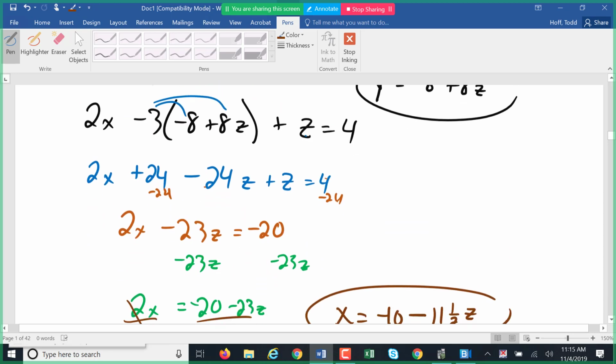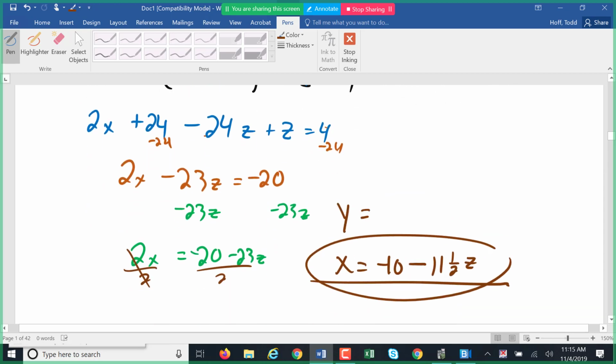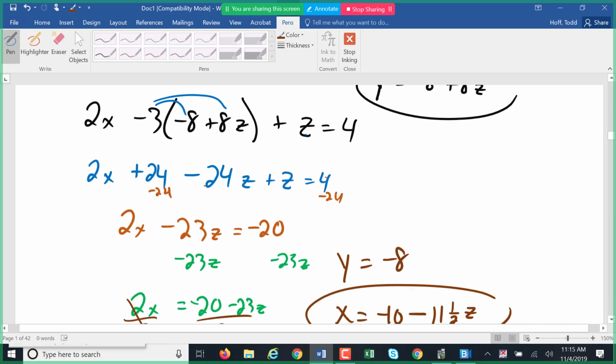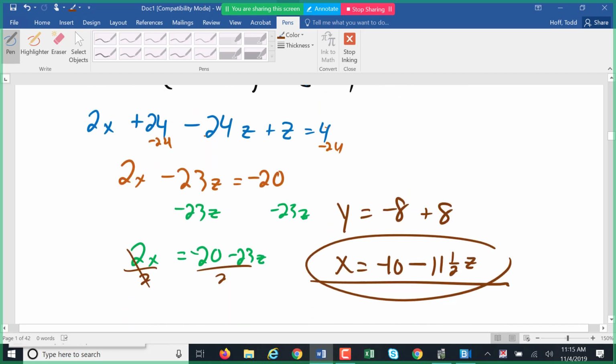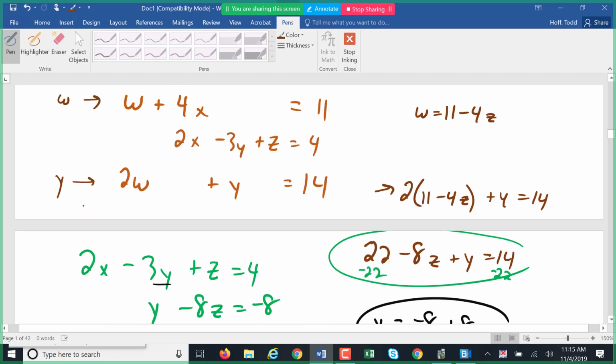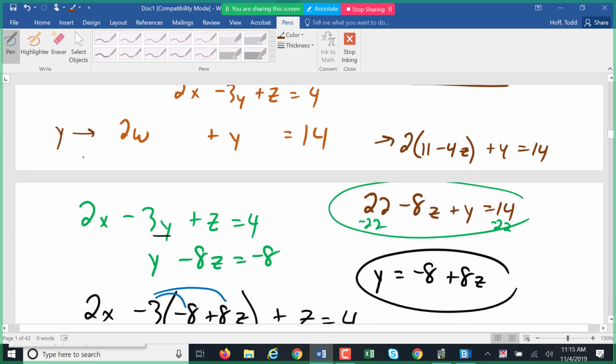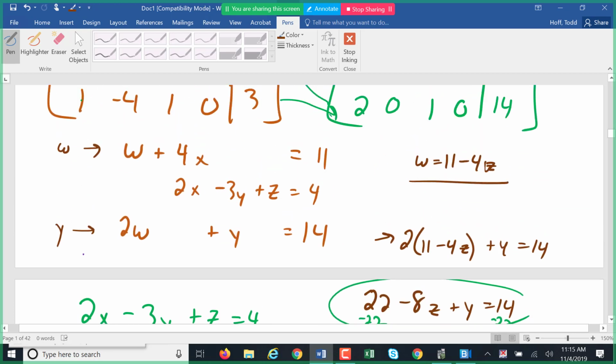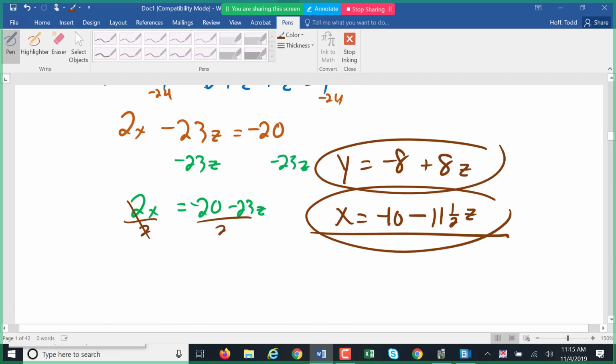Up above here, we had y equals negative 8 plus 8z. And then up above yet, we had that w is 11 minus 4z. That should be 11 minus 4x. That probably threw off the rest of my equations.